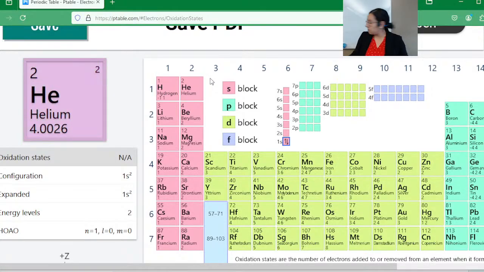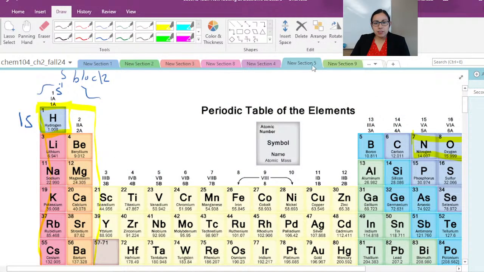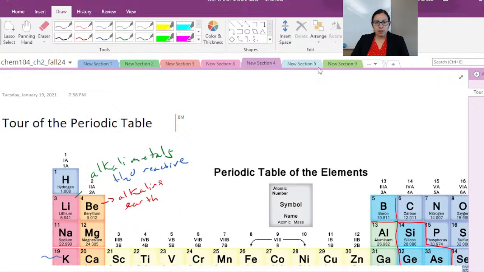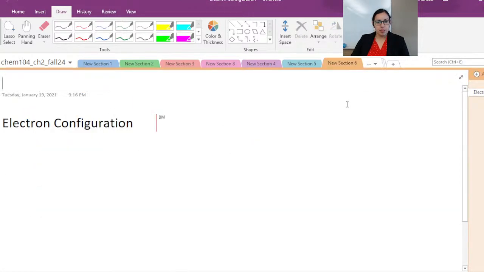I need more pointers and hands. So we have the configuration here. This is just rewriting your electron configuration expanded, and we don't need to worry about the other information. We're just on our hydrogen. Now we can start to fill in our electron configuration.